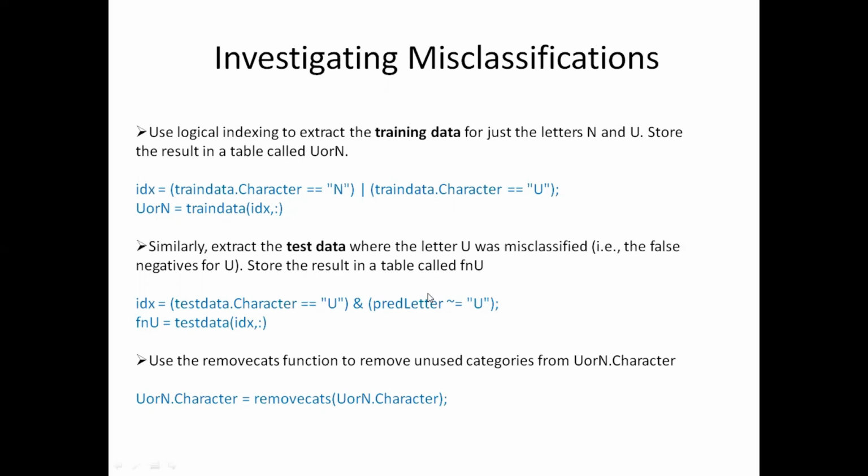Similarly, I extract some data from the test data where the letter u was misclassified, wherever we got false negative results for u. For that, again I do a simple logical comparison: where test data dot character is equal to u, and the predicted letter is not equal to u, meaning it is not predicted as u.